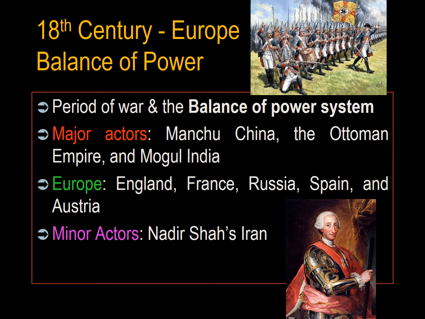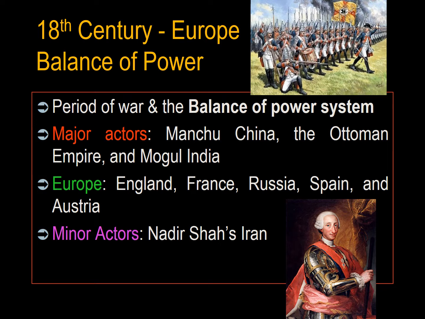This is the 1700s. 18th century Europe was a balance of power example that is used as the ultimate case of countries shifting their alliances because of new emerging threats. Now, in this period, there were 8 major global powers at the time, including Manchu China, the Ottoman Empire, and Mughal India. But all of these were in relative decline, and they were isolated from each other because of the European domination of the oceans.